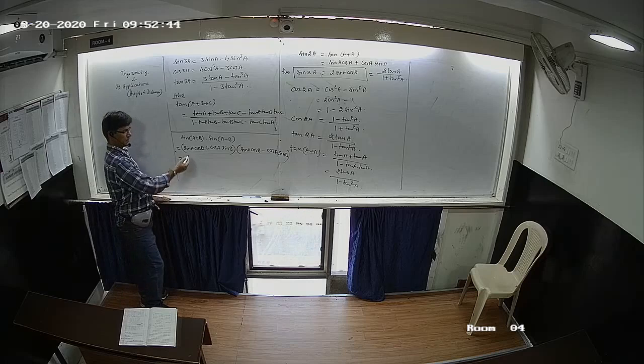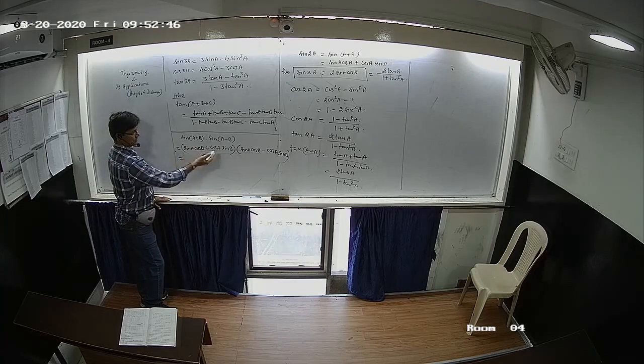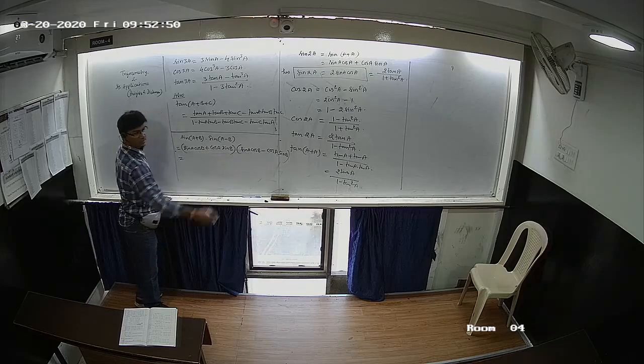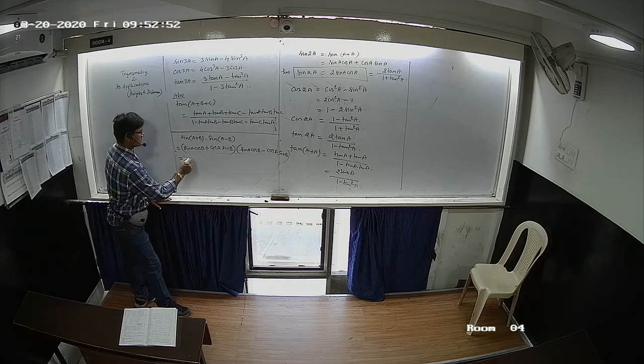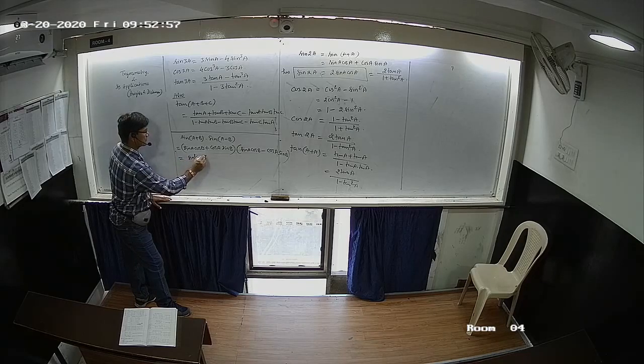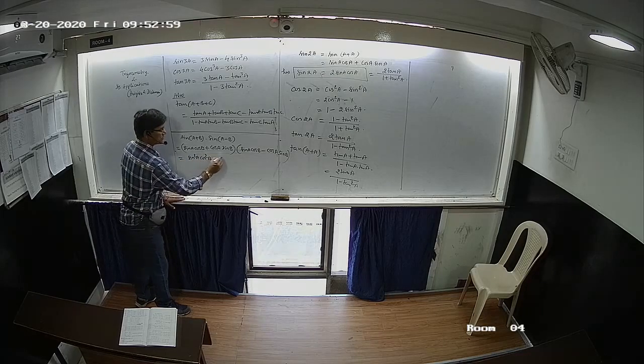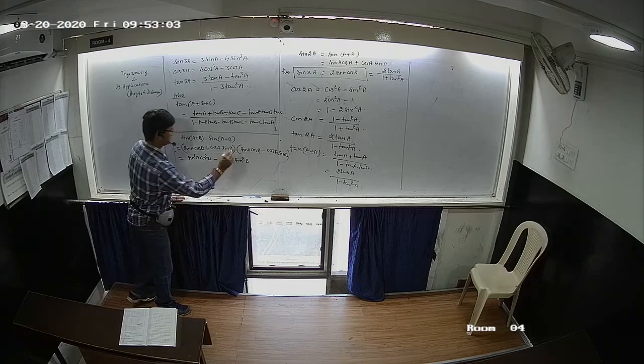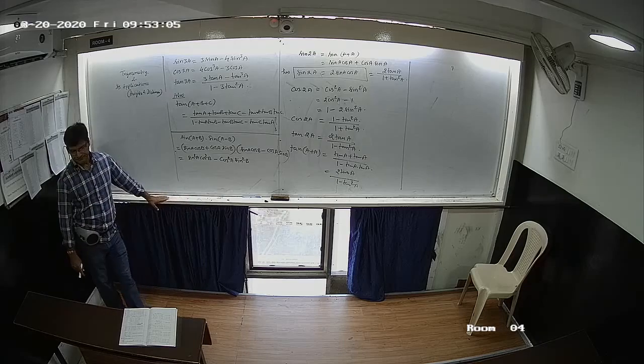So this will be like (x plus y) into (x minus y), which is x square minus y square. This becomes sine square a cos square b minus cos square a sine square b. This is what we get.